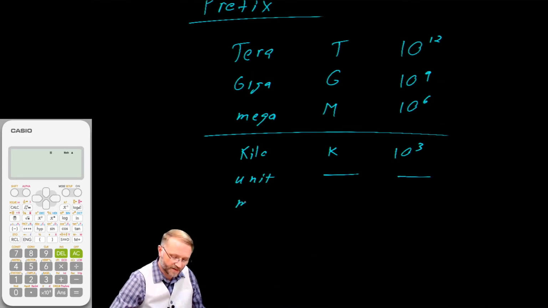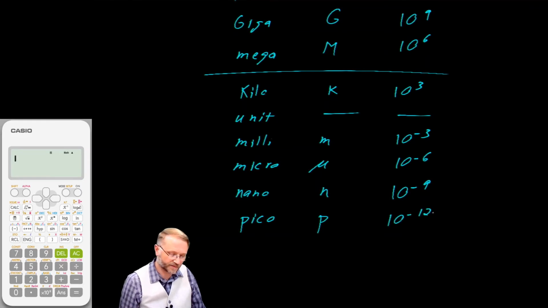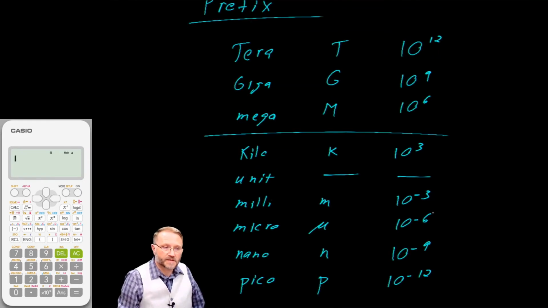And from there, milli, small m, 10 to the negative 3. Micro with a mu, that's 10 to the negative 6. Nano, n, 10 to the negative 9. And pico, small p, 10 to the negative 12. Commit these to memory. They're going to be used again and again as we go through the class. You'll see them most certainly on every quiz and every exam.